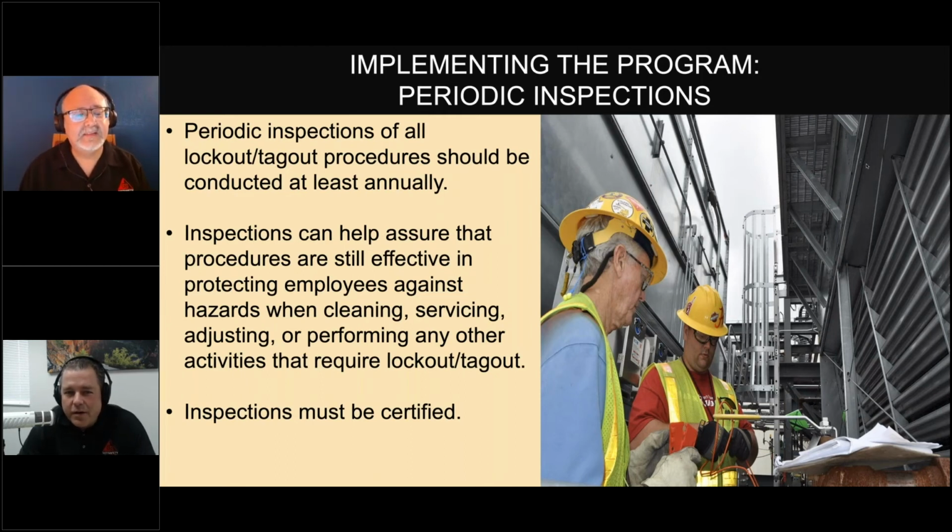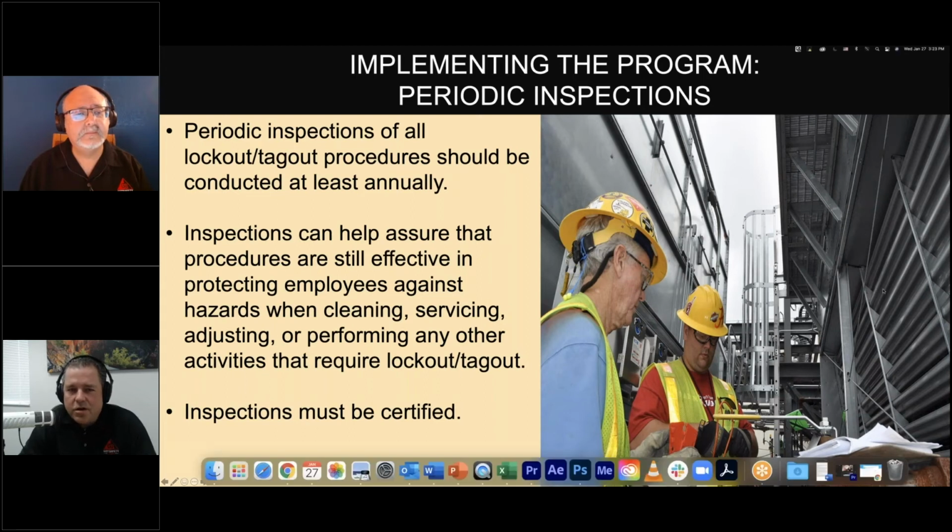Let's say somebody bypasses an interlock, or a guard stops working, or some part of the machine stops working and it gets bypassed, and the lockout tagout protocol no longer works because these guards or interlocks no longer work at all. So you've got to make sure that you're doing inspections to ensure that your procedures actually work the way they should, with the machine in the state that it actually is.